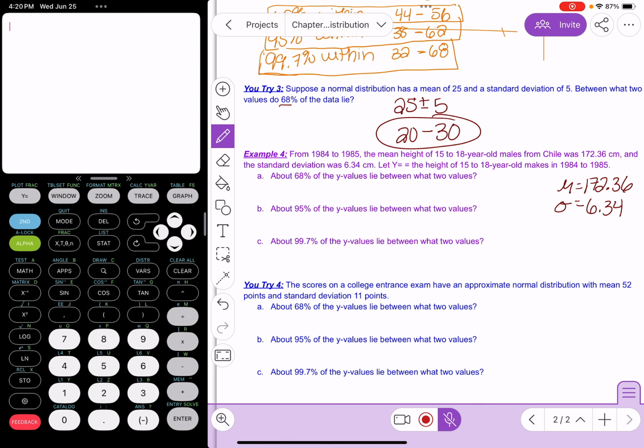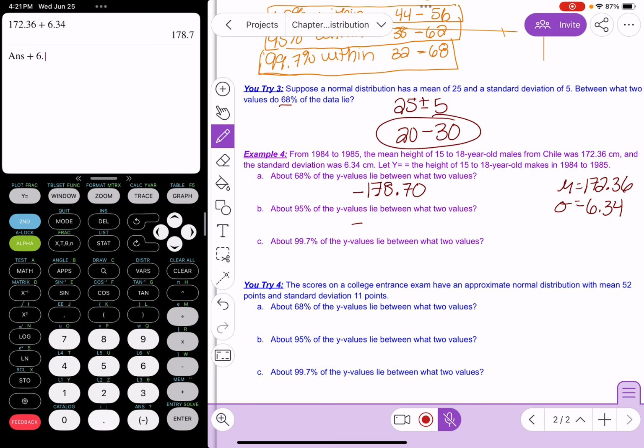And then it's asking us to find those 3 ranges. So I'm going to start by doing the upper limits. I'm going to take the mean, 172.36, and add 6.34, which is the standard deviation. And that's the upper limit of the 68%.